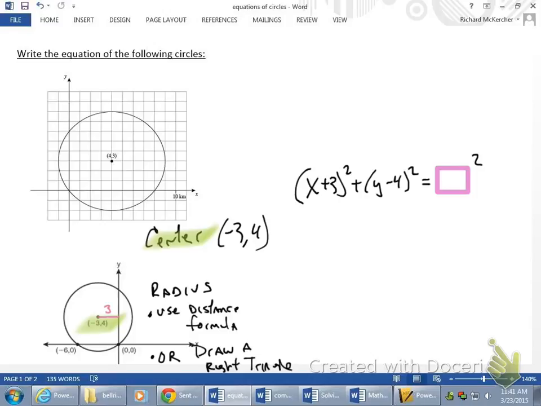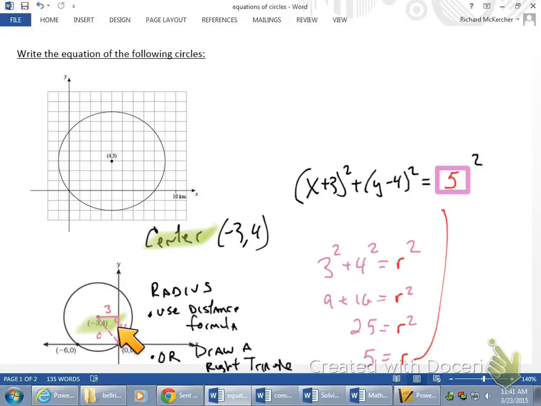Now, how does the right triangle help me? Well, the right triangle helps me simply by me looking to the left 3 and down 4. It's easy because now I can use the Pythagorean Theorem. And most of you prefer the Pythagorean Theorem over the distance formula. So if I do that, I find out that my c squared is 25, so c is 5. I'm going to say the c's out and put r in its place because that's what I found was r. That c represents the radius. So that is 5 squared, so of course that's 25.